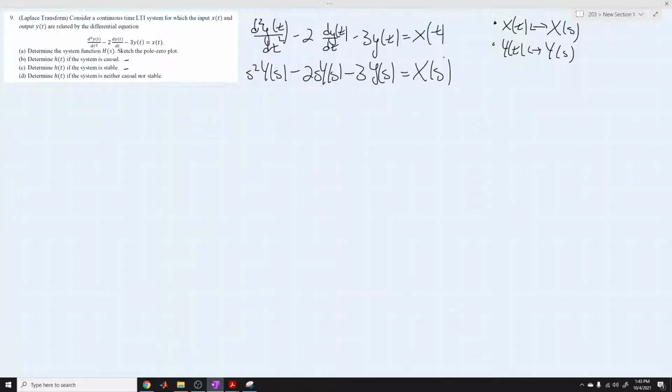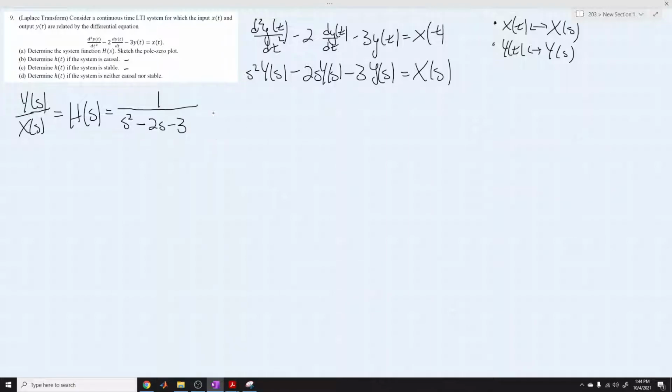And now we factor out the Y of s, and we divide both sides by X of s, and we divide both sides by our little polynomial here. What we'll end up with is that Y of s divided by X of s, which is equal to our system function H of s, is going to be equal to 1 over s squared minus 2s minus 3.